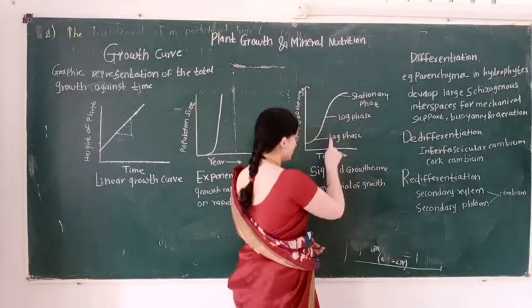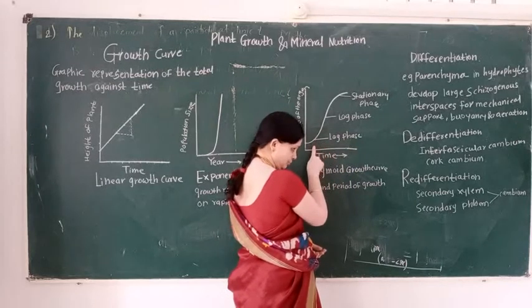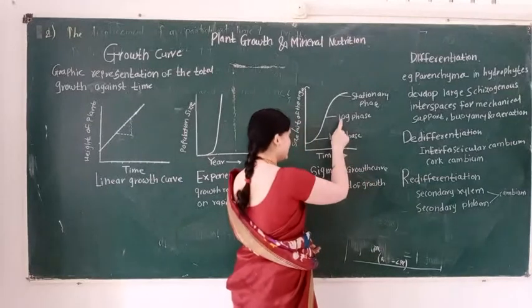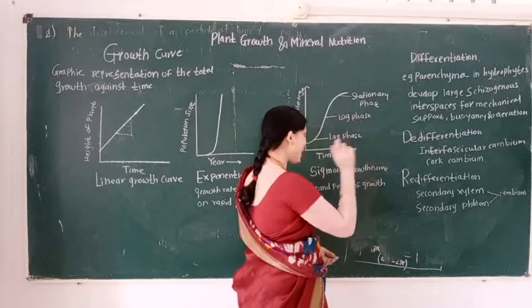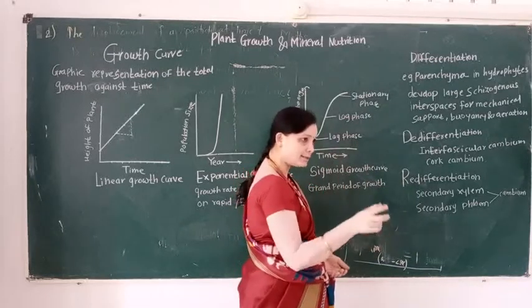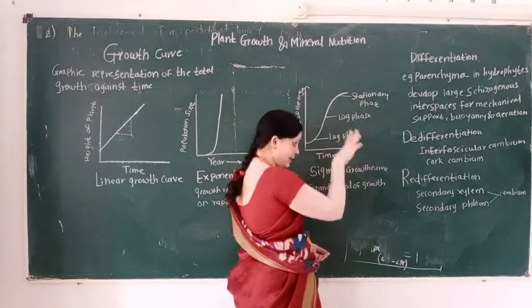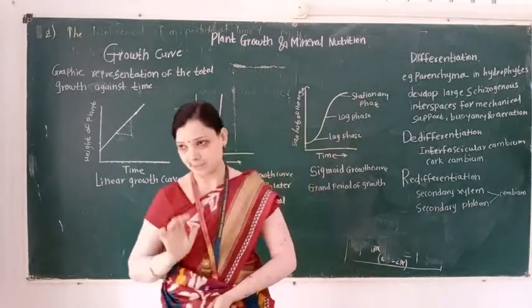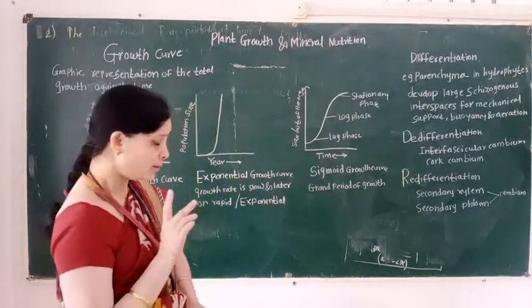So in the lag phase, growth rate is slow, but it requires more time. In the log phase, growth rate is faster, but it requires less time. And in the stationary phase, growth rate slows down and becomes steady, so it is called a stationary phase.